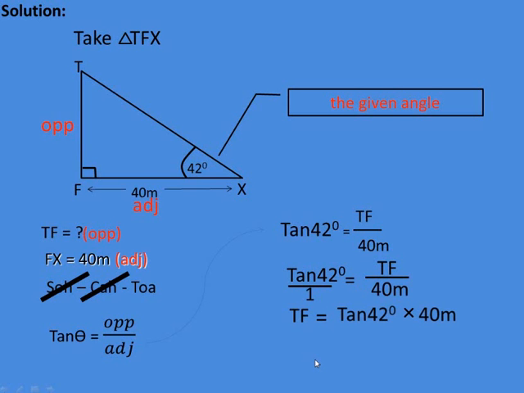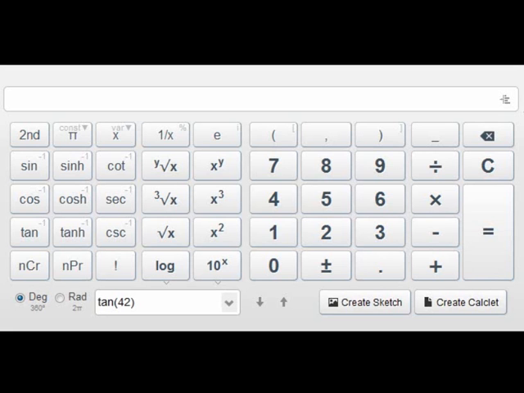Now we are going to find the value for tan 42 degrees. Remember, check that your calculator is in the right mode, and as I'm highlighting here, check that your calculator is in fact in degrees, and then simply let's find the tan of 42 degrees.